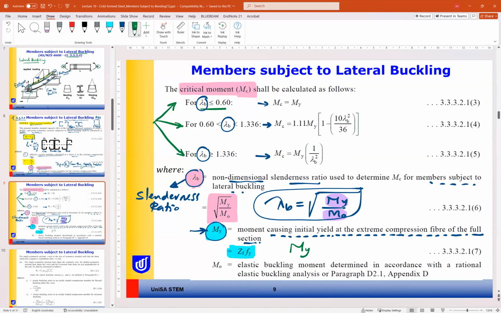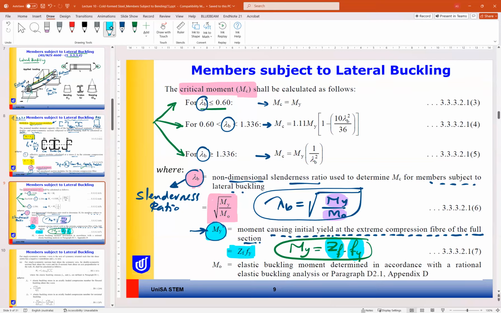So My is equal to the full section modulus ZF from the table multiplied by F yield. So we know already ZF from the table, and F yield is the yield strength.